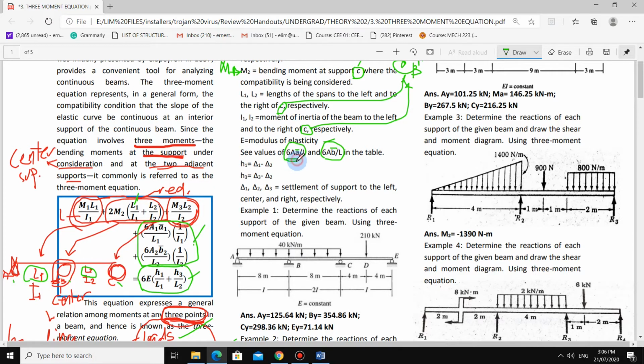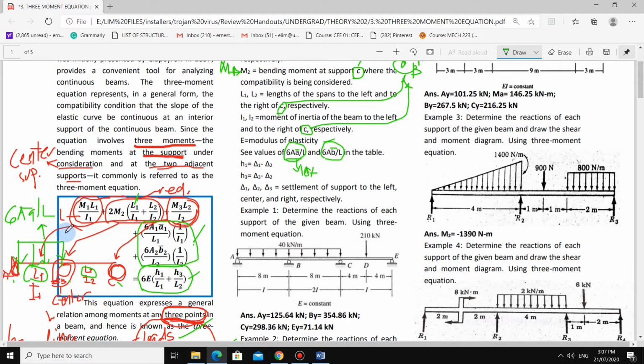So this one is the loading at the left side of B, or at the center. Say we have a uniform load, then this is our 6A B bar over L.